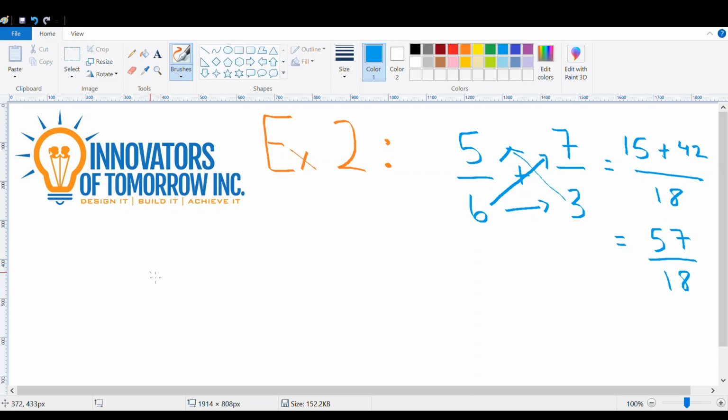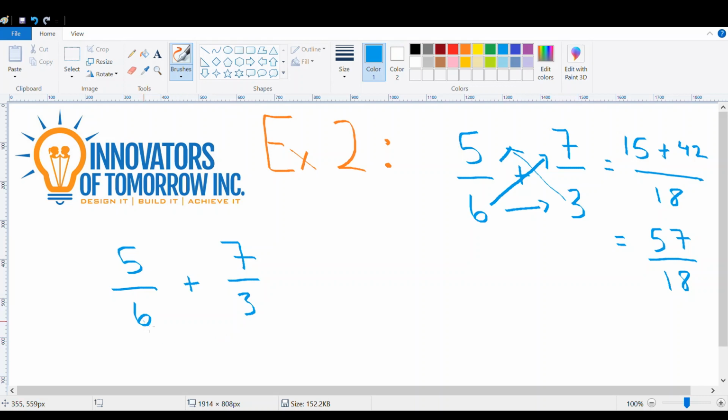Just to double check, we will do the method from the first example, which essentially turns out to be the same as the quick version I just showed you. So we have 5 over 6 plus 7 over 3. We need a common denominator. That means finding a common multiple.